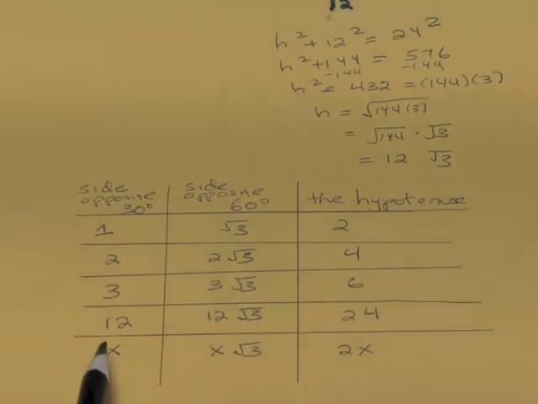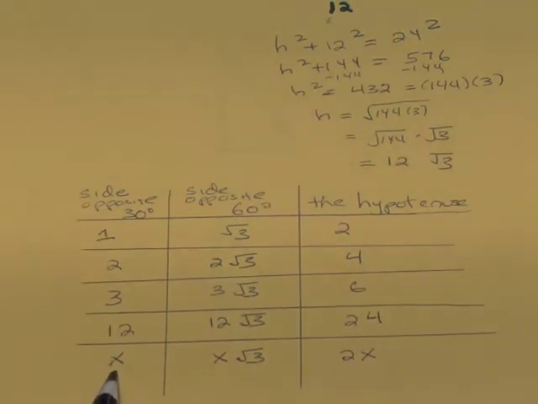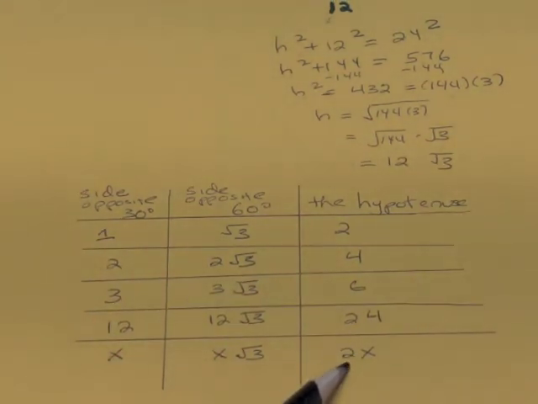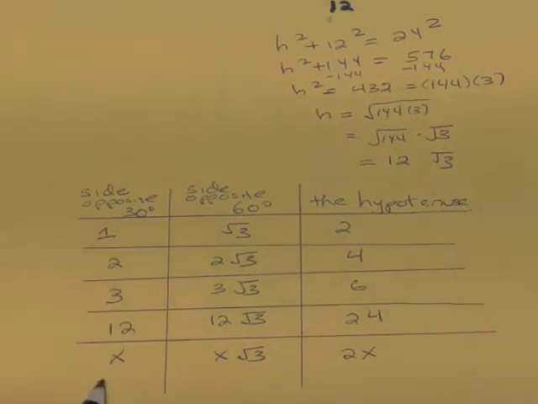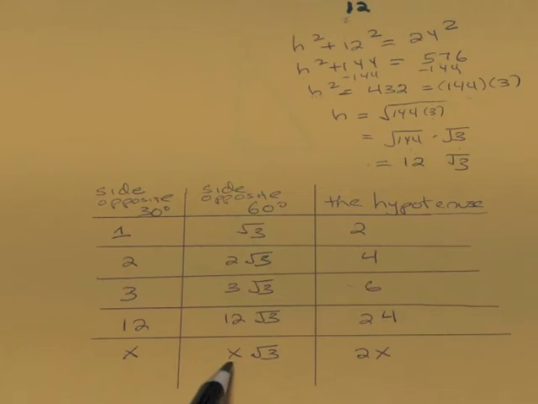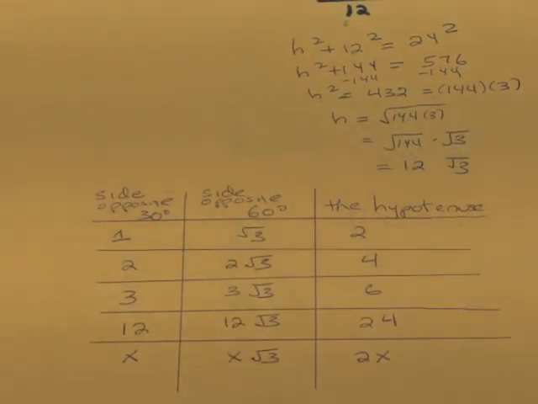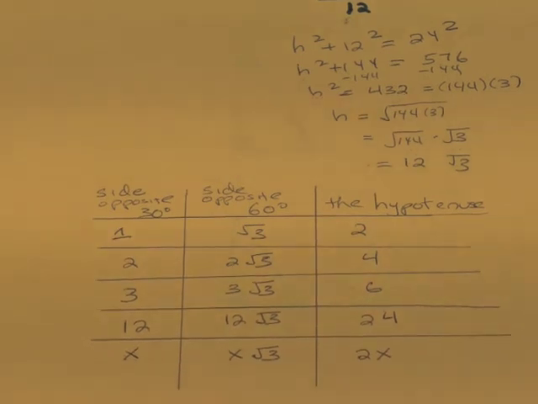And even if we didn't know it, even if we just called the side opposite 30 x, well, we could call the hypotenuse 2x because we know that relationship. It comes from the fact that this 30, 60, 90 triangle is half of an equilateral triangle. But if we use these in a Pythagorean theorem equation, we'll find out that the side opposite 60 is just x times the square root of 3. This is a very important pattern to remember.